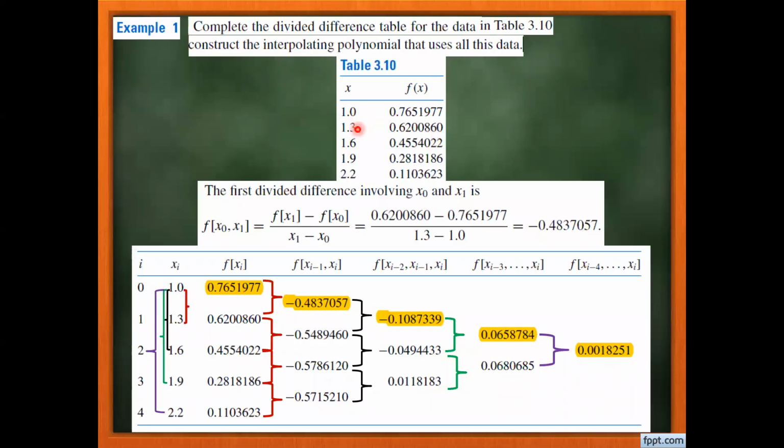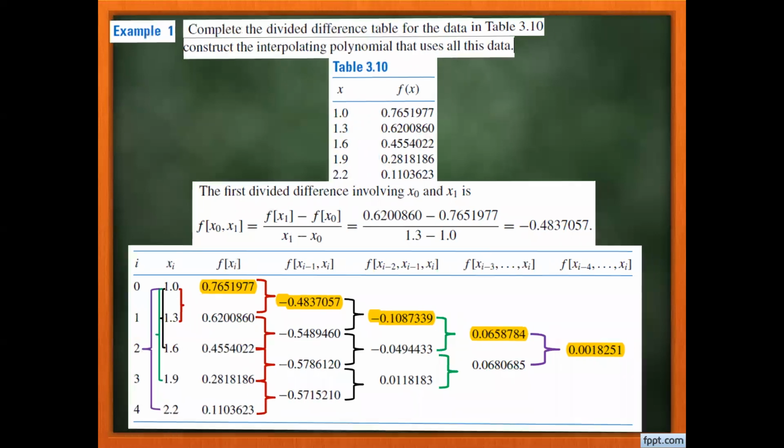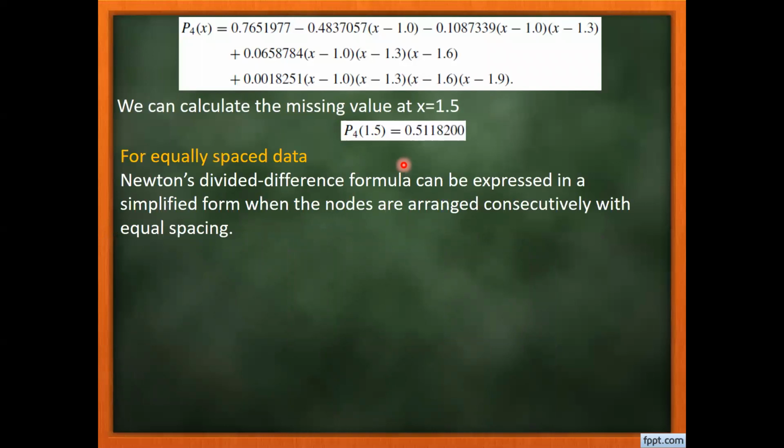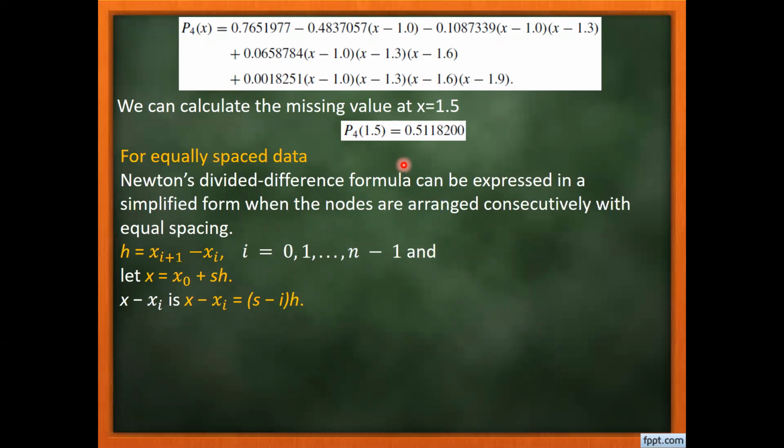In this case, all the node values are separated by a length of 0.3. So if we have equally spaced data points, then we might be able to simplify our effort. Because in that case, the difference which we have in the denominator between two nodes, we can simplify it to produce a simple formula.